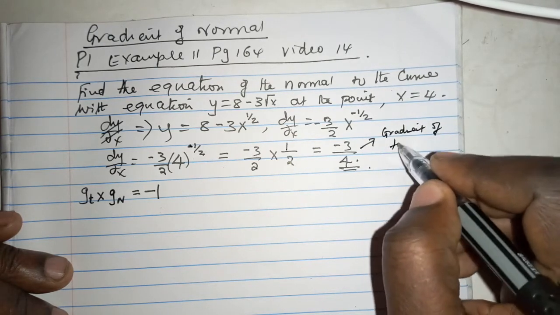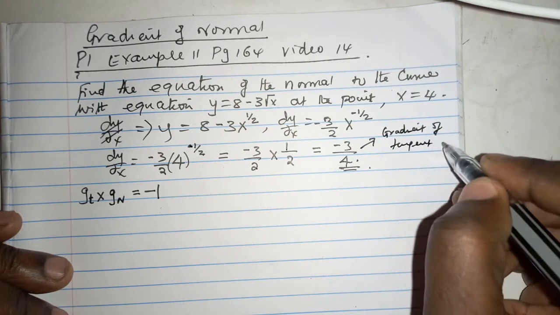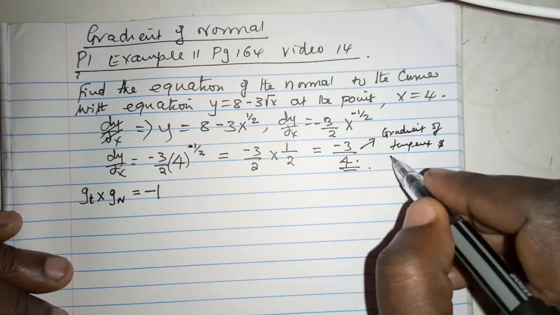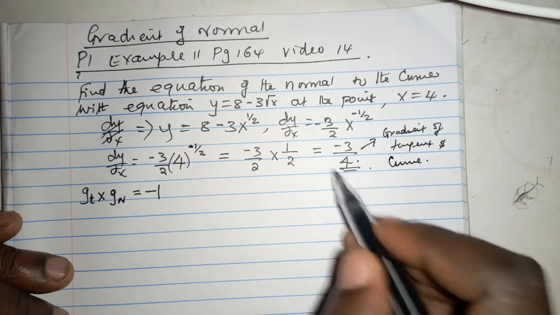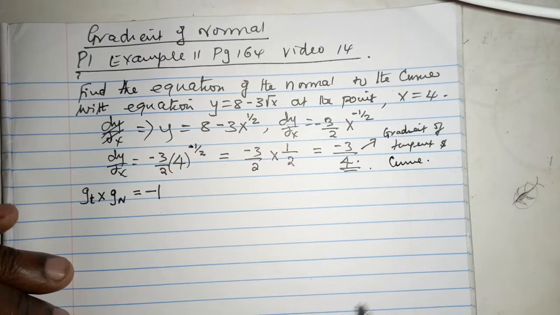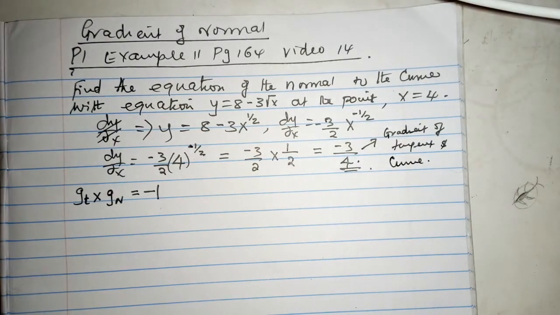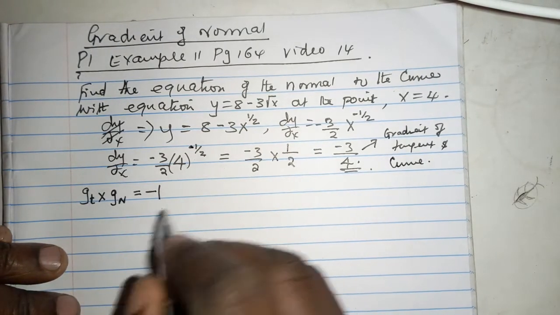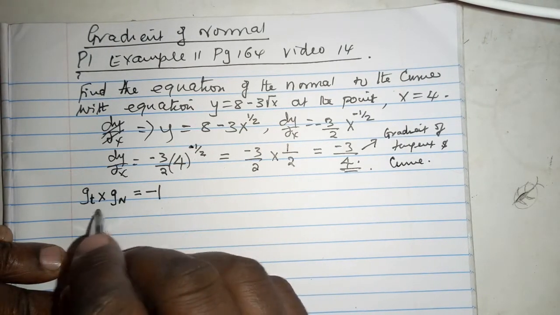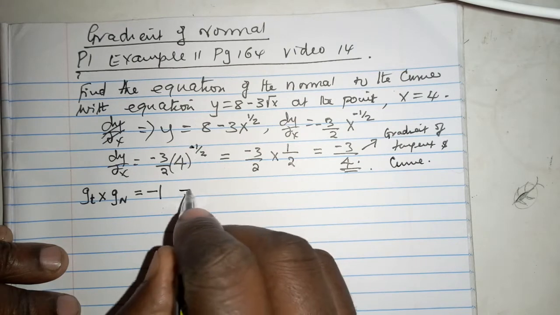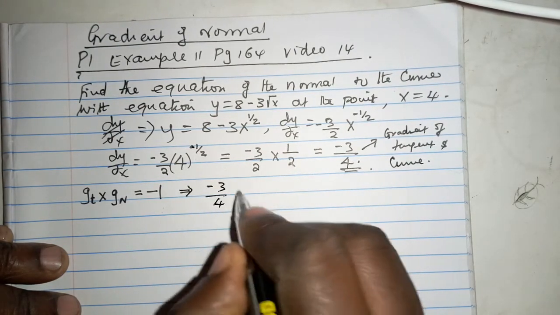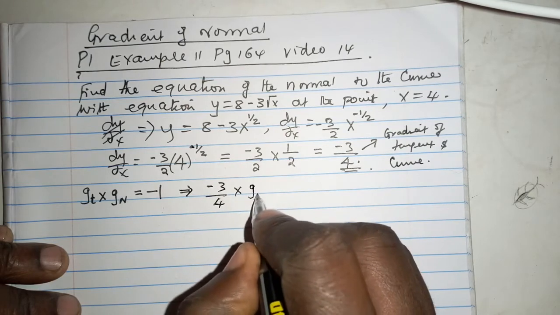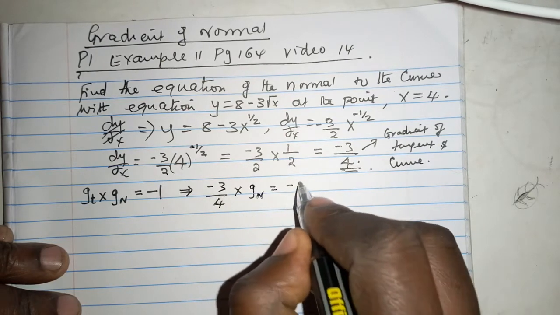Remember, the gradient of the tangent is equal to the gradient of the curve at the point of contact. So minus 3 over 4 times the gradient of the normal should give us negative 1.